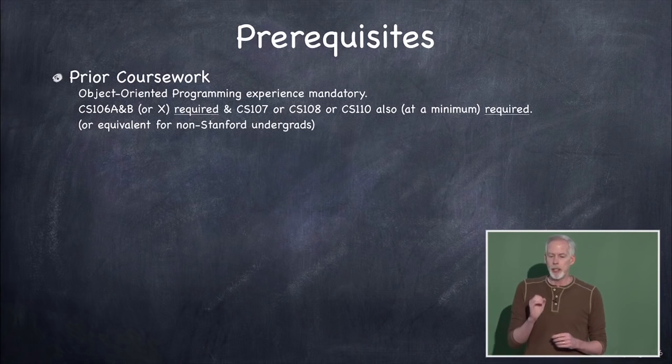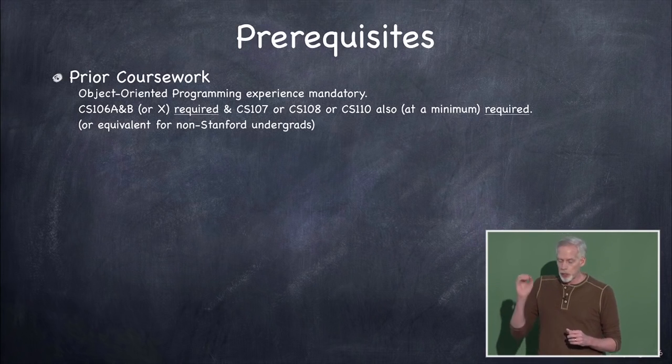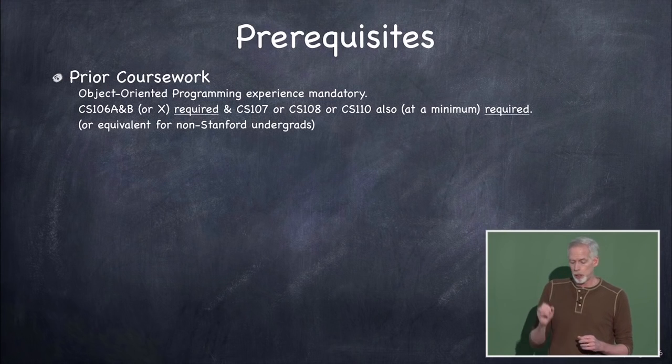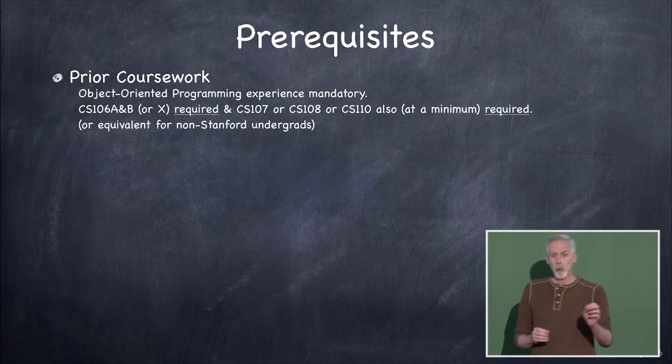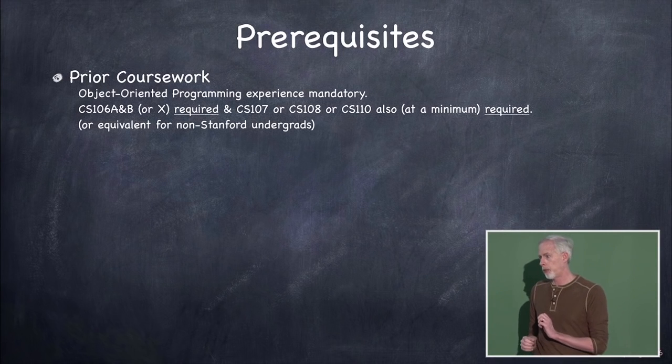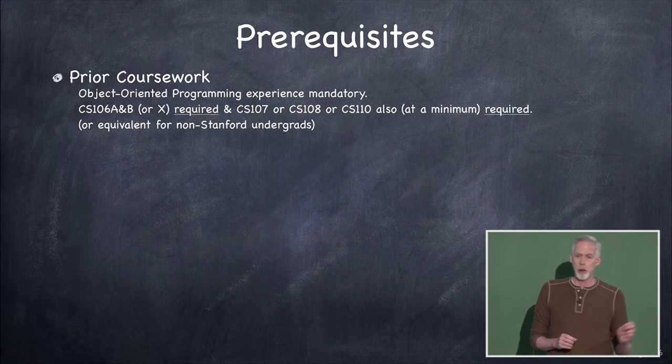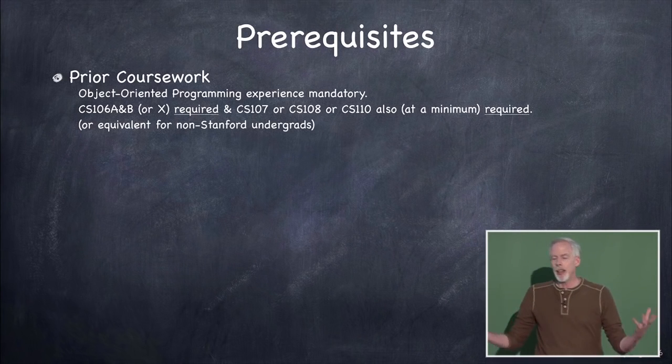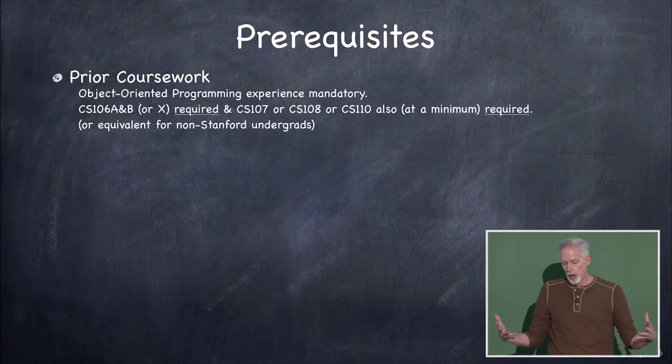Then it's really important to take some class where you do a lot of programming, like CS107, which is not hugely object-oriented, but it's a lot of programming. CS108 is an awesome prerequisite for this class. That's basically object-oriented programming. So if you've taken CS108, you're going to be well prepared. CS110, again, not really object-oriented per se, but there's a lot of coding in there.